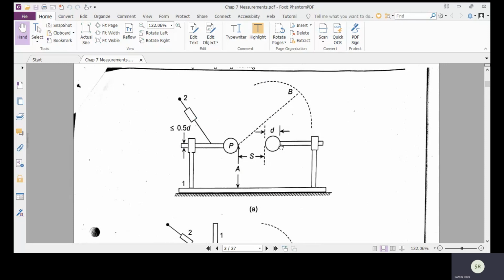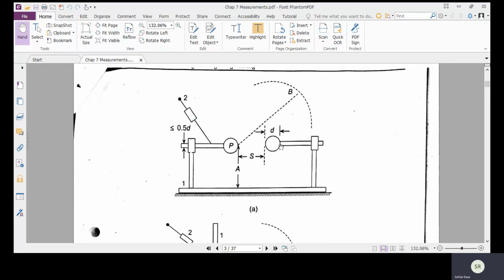This arrangement is used for the measurement of lower voltage ranges. So the horizontal arrangement is used for lower voltage measurement.